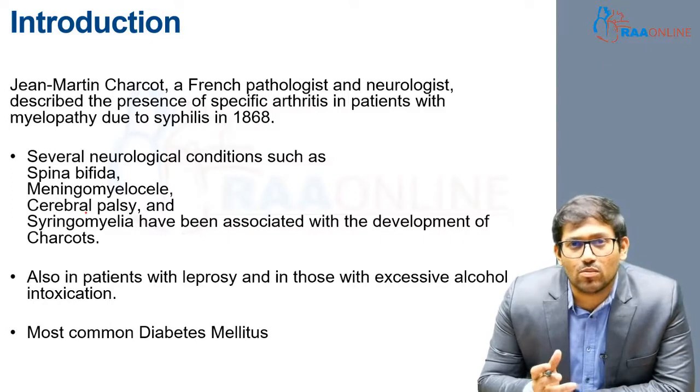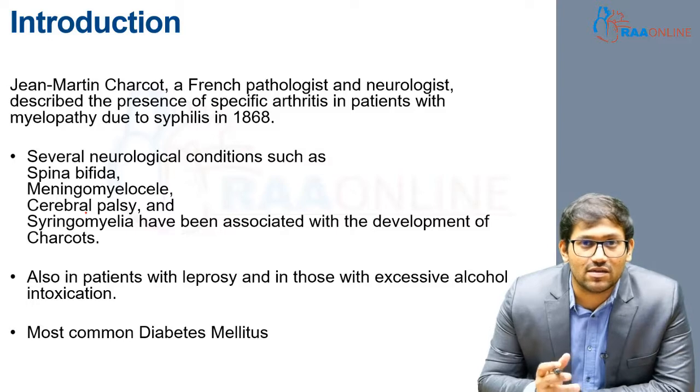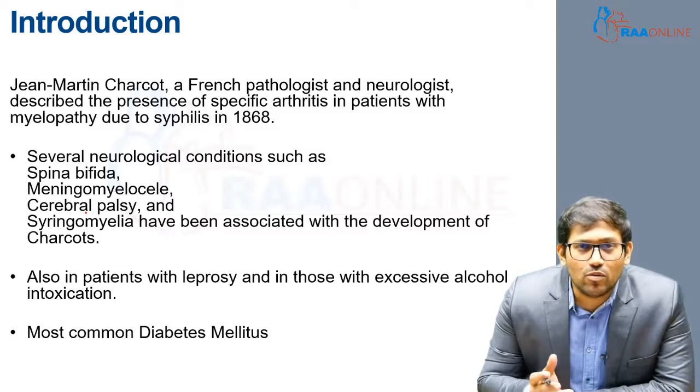What he found almost always was that all these patients had syphilis, and along with that a myelopathy component. Following this, further discoveries were made, and it came into account that a loss of nerve or sensation has a higher predilection for this disease.